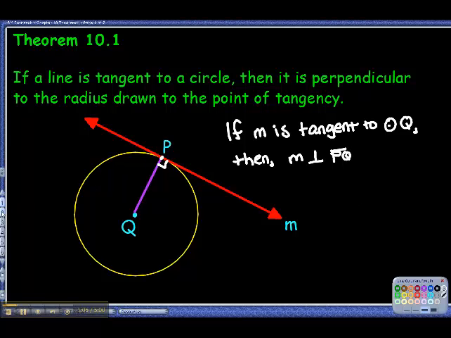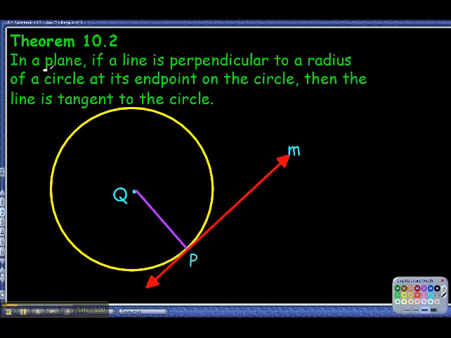Okay, the next theorem talks about in a plane, if a line is perpendicular to a radius. So if in the same plane you have a line that we know is perpendicular to a radius at its endpoint on the circle, then we know that that line is going to be tangent to a circle.